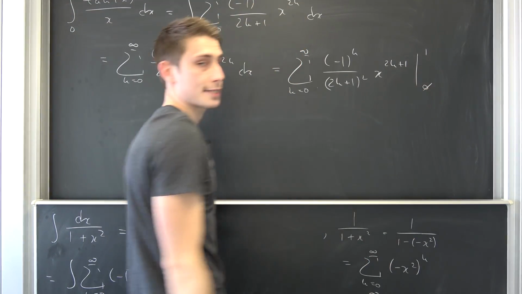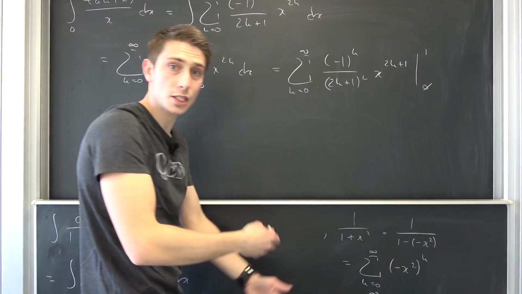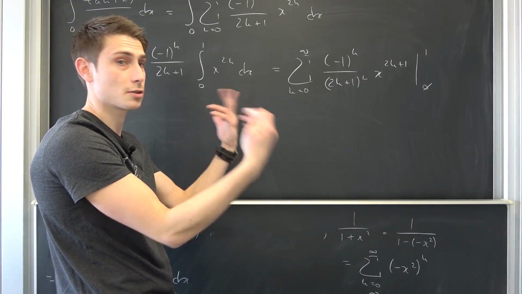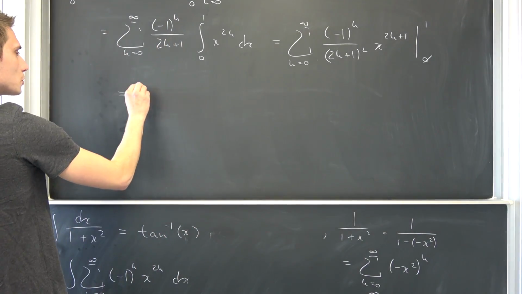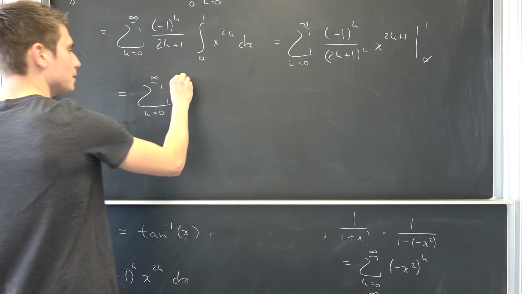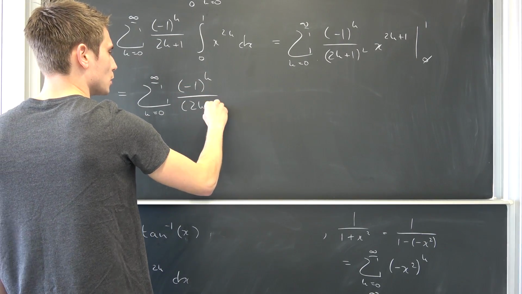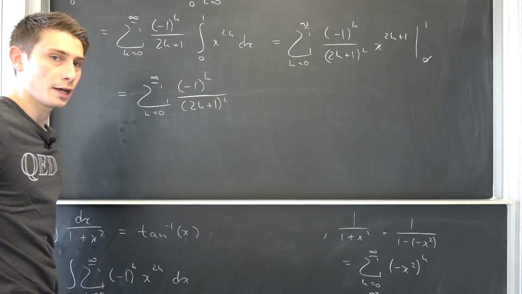So at 0 it's just going to vanish once again. And if you plug 1 in here, 1 to any power really doesn't matter, it's going to give us 1. Meaning we are going to end up with a sum running from k equals 0 to infinity of (-1)^k over 2k plus 1 squared.